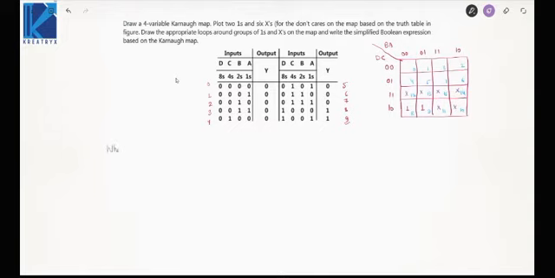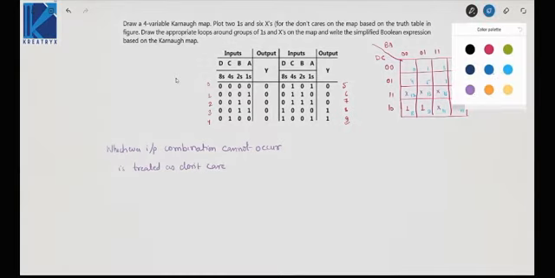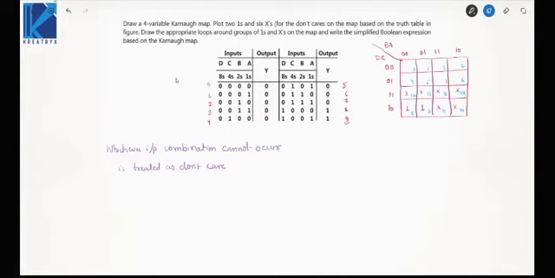So remember, whichever input combination cannot occur is treated as don't care.